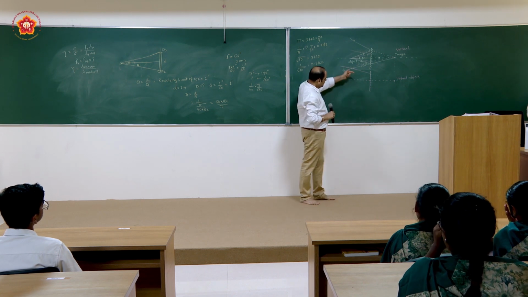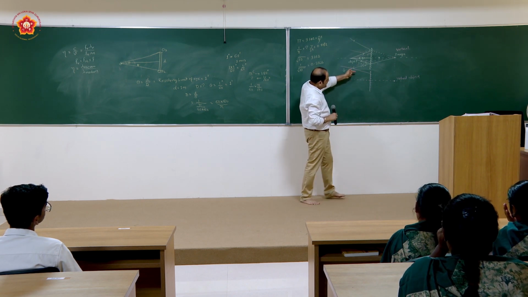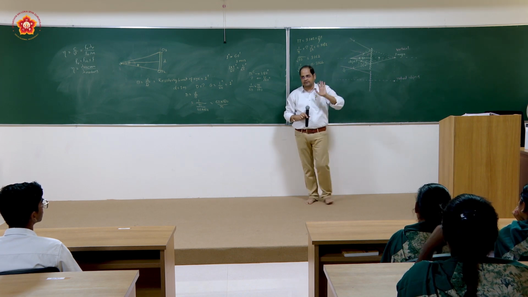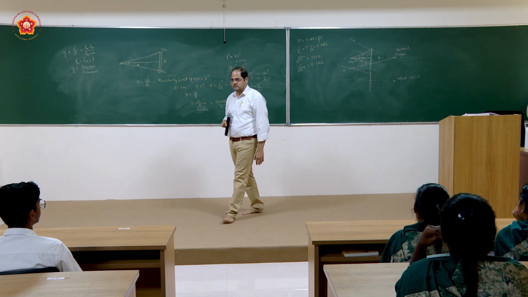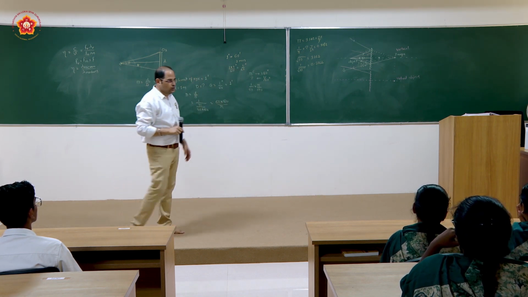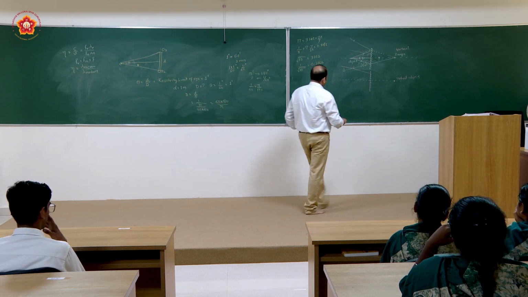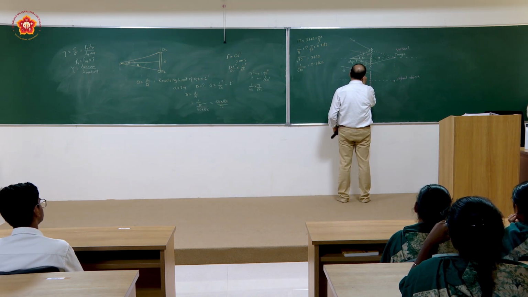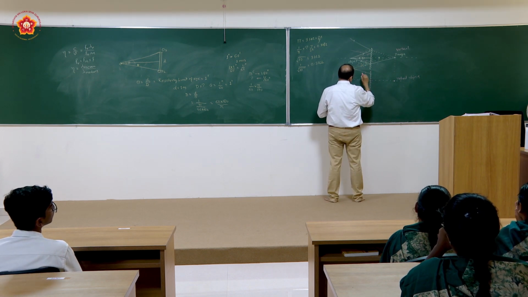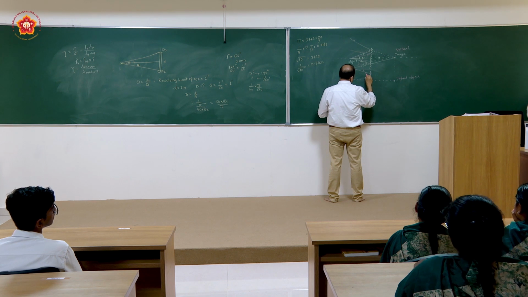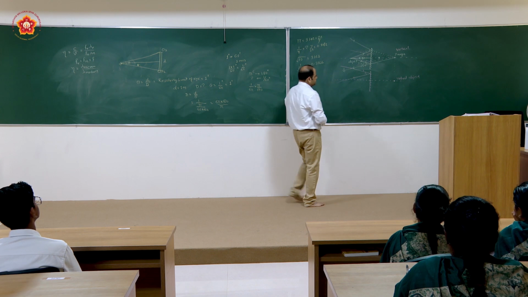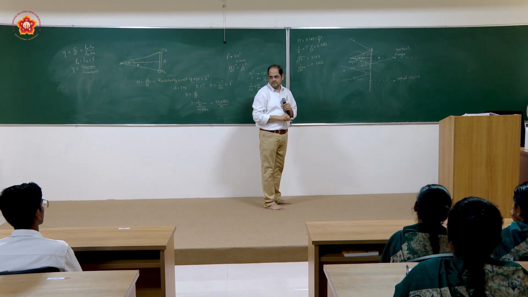So the light is coming from this side, directed towards the virtual object. The ray of light will suffer reflection, yes or no? It will suffer reflection. Obeying the laws of reflection, you will be able to draw this horizontal line, which is a normal here. This is the angle of incidence. With the same angle of reflection, you will see the ray of light traveling like this. Am I right?